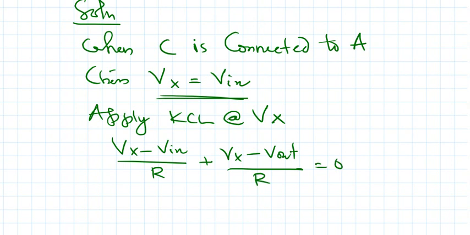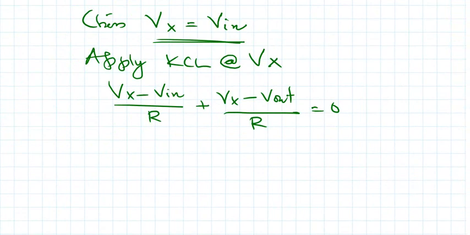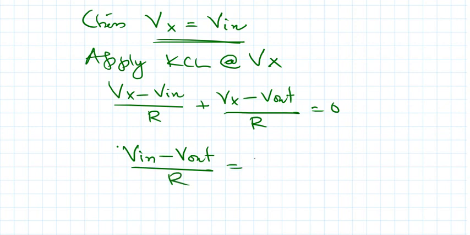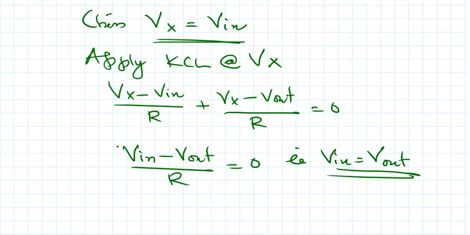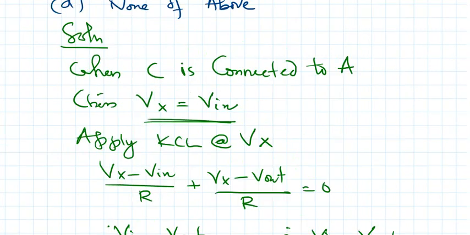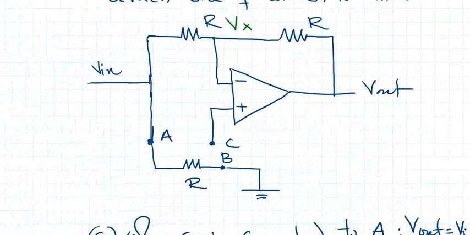So V in minus V in will be cancelled out, and then V in minus V out divided by R is equal to 0. That is V in is equal to V out. So when C is connected to A, V out is equal to V in.